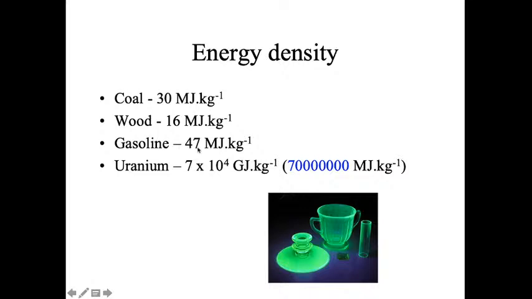Gasoline, much better than coal, 47 megajoules per kilogram. And uranium, we've got 70,000 gigajoules, right? So it's actually, what is that, like 8 orders of magnitude more than coal and gasoline. It's pretty potent stuff. It's got a very high energy density.